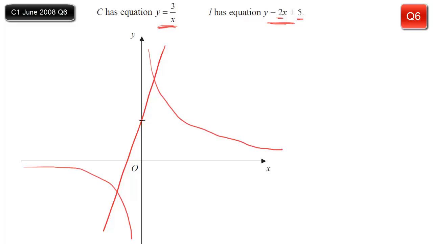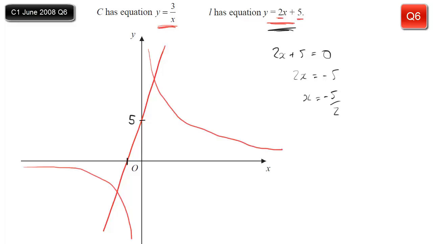So this is the y-intercept, which is at 5. The only other point here is this one. So we're looking at the point where this graph crosses the x-axis, which is when y equals 0. So if we come back up here, it's when 2x plus 5 equals 0. So 2x would equal minus 5, x equals minus 5 over 2.